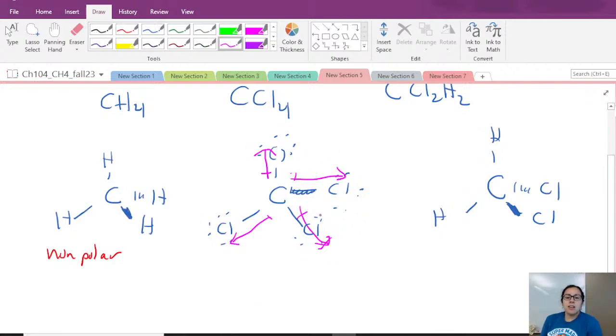This is again just trying to show you that it's being pulled out equally in all four directions. We established it's fully symmetric from our tetrahedral geometry, and again we have the same atom on all four sides. So even though the individual bond is polar, overall it's being pulled out evenly in all four directions. So this is still nonpolar as well.